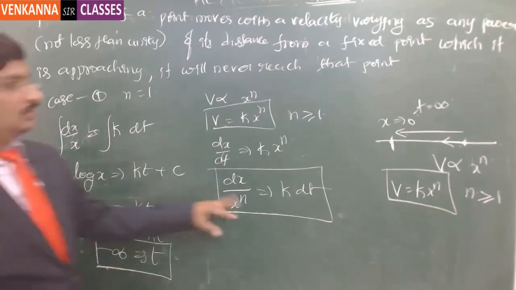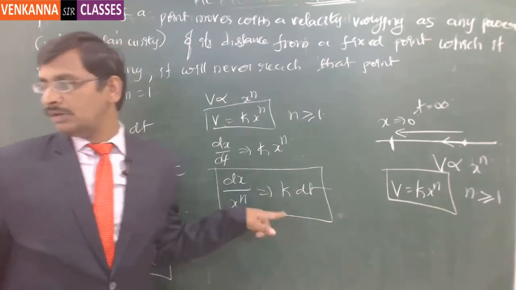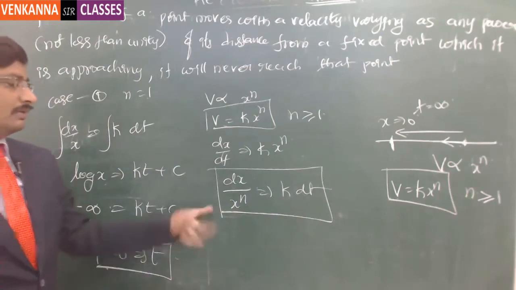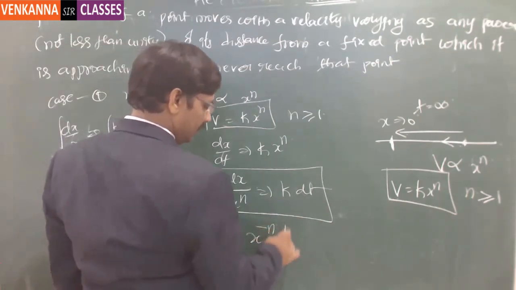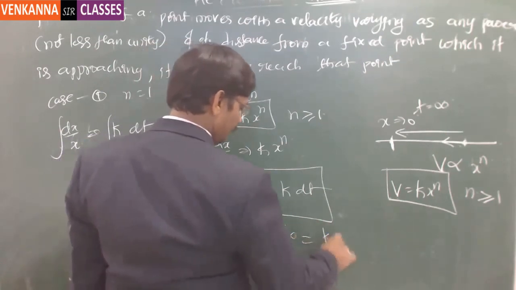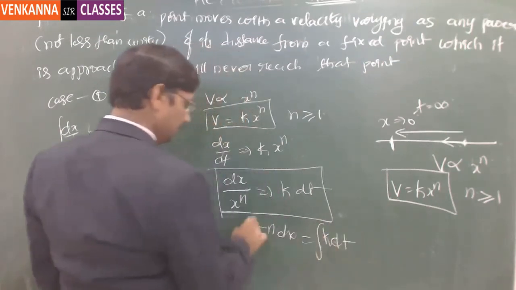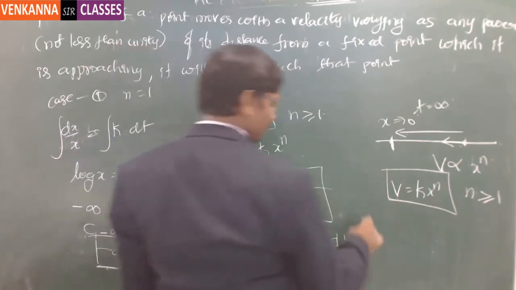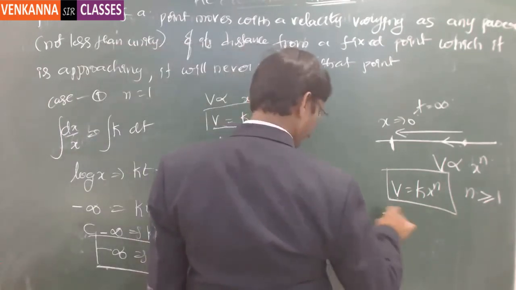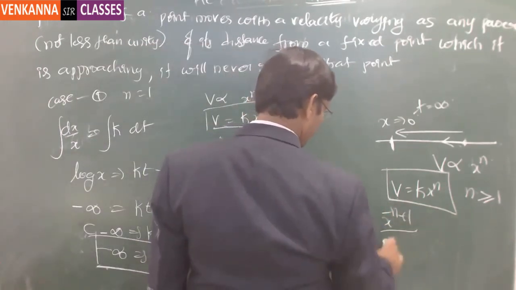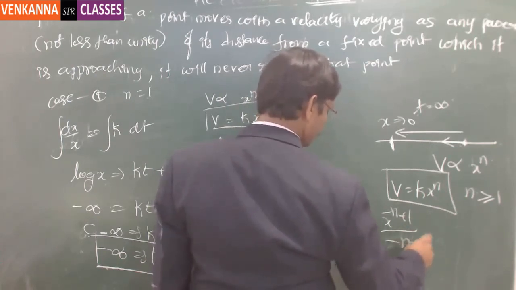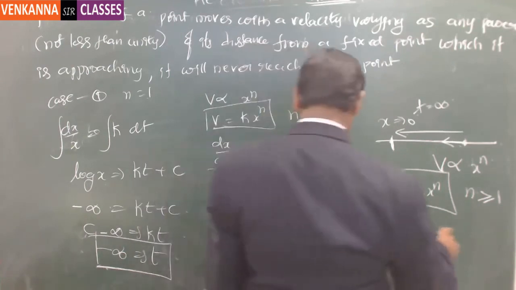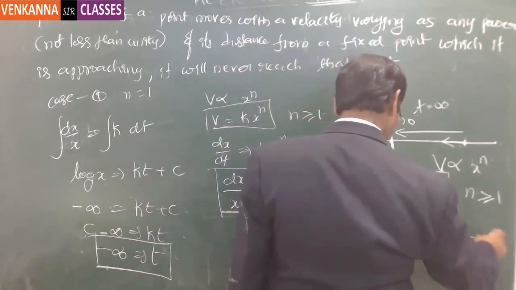Now take n greater than 1. Now if n is greater than 1, then this integral is going to be x power minus n into dx is equal to k dt. Now again integrate it. So x power minus n plus 1 divided by minus n plus 1, this is equal to kt plus c.